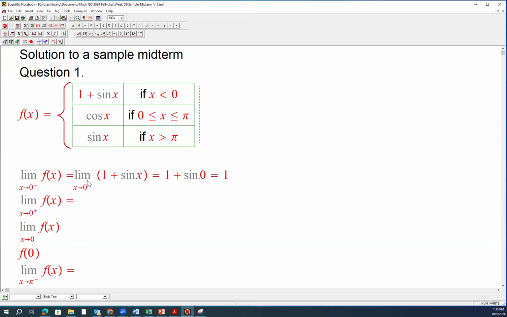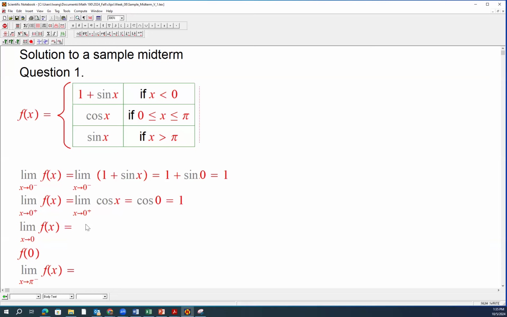When x is approaching 0 from larger than 0, this piece is going to be used, the piece that's applicable for this function. So this is a direct substitution again, cosine 0 equals 1.